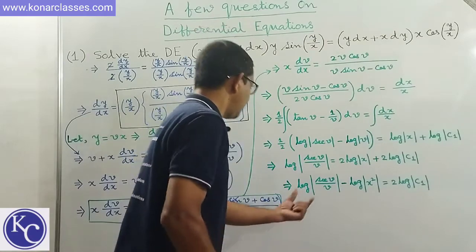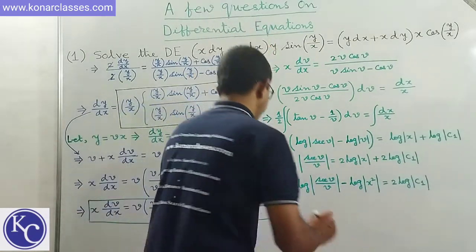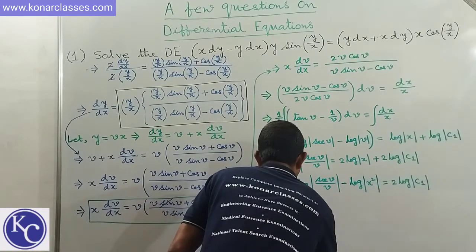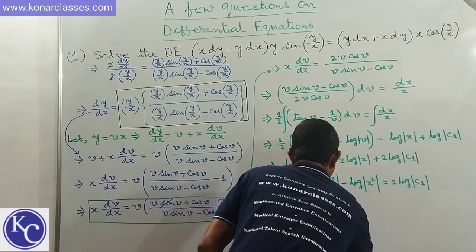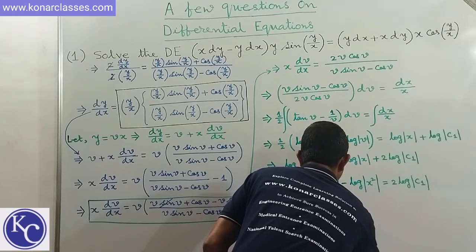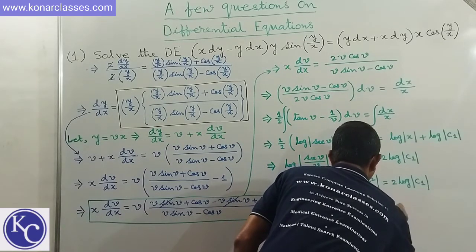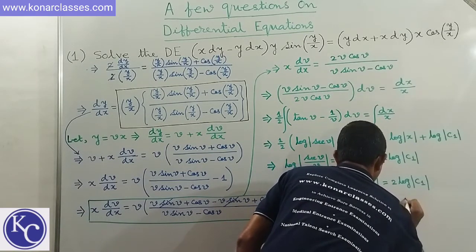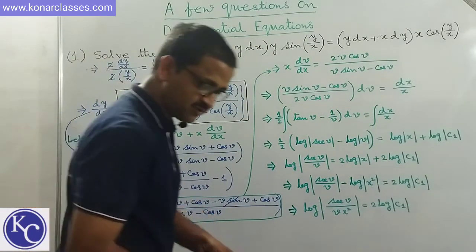Now log m minus log n is log of m by n, that's the property of logarithm. That implies log of mod sec v by (v into x square) is equal to 2 log mod c1, correct? We are almost there to the solution.